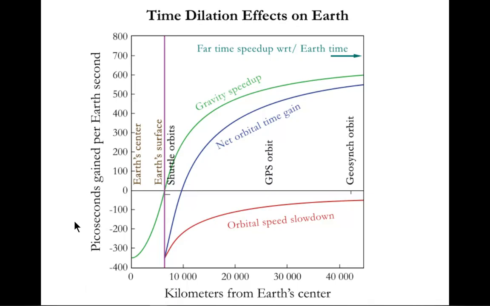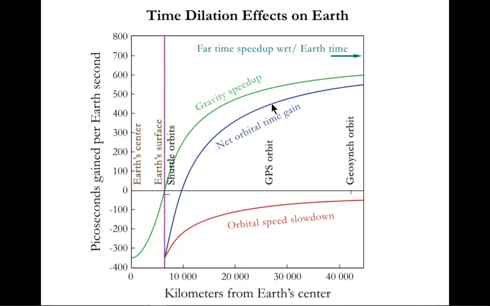Take a look at these curves. We've got a red curve, we've got a green curve, we've got a blue curve. Take a look at what's happening with GPS, because this is what a lot of us are concerned about: how is the GPS going to be affected? You can see that GPS is going to be existing along this vertical position.